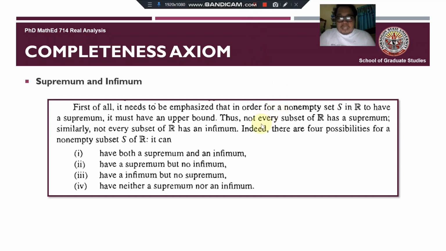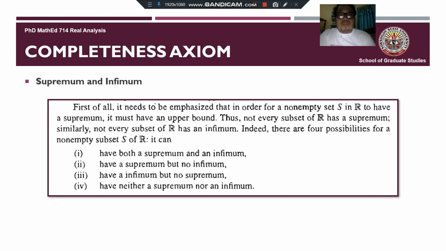In line with supremum and infimum, first of all, it needs to be emphasized that in order for a non-empty set S in R to have a supremum, it must have an upper bound. Thus, not every subset of R has a supremum, and similarly, not every subset of R has an infimum. These statements were reflected in the given examples a while ago.